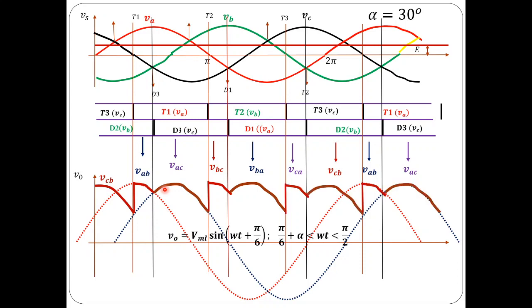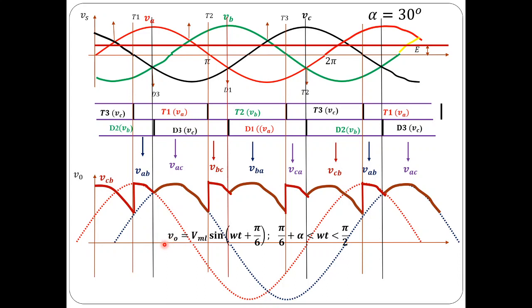Now the frequency of the output voltage is 3 times the frequency of the supply voltage. So the output voltage repeats every 120 degrees, or 2 pi by 3 radians. In order to find the average or RMS value of the output voltage or current, one should know the mathematical expression for this 120 degrees.